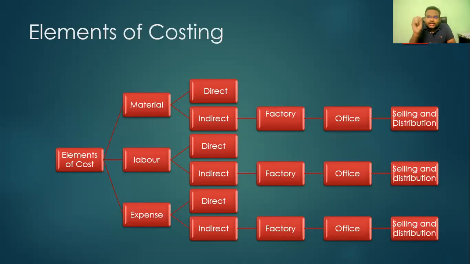If it is used directly only for that particular product, we call it direct expenditure. If you are not using it directly, we term it indirect expenditure. So the basic concepts are six terms: direct material, indirect material, direct labor, indirect labor, direct expenditure, indirect expenditure.